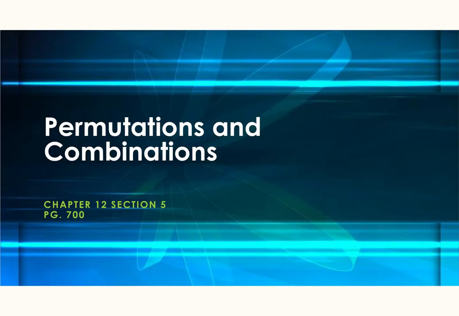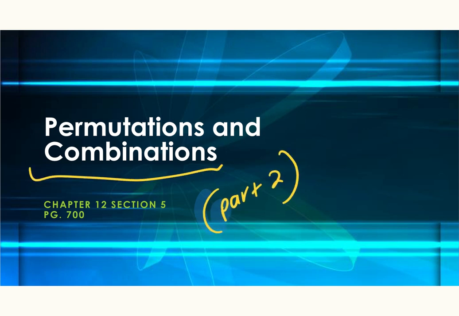Okay, so we're going to continue 12.5. This is part 2. Today we are adding in combinations. The homework is not going to be just combinations, though. Part of the challenge is going to be actually figuring out if it's a permutation or a combination.